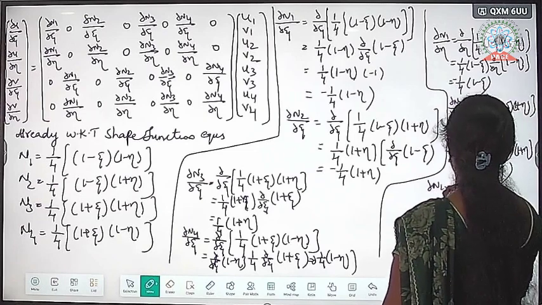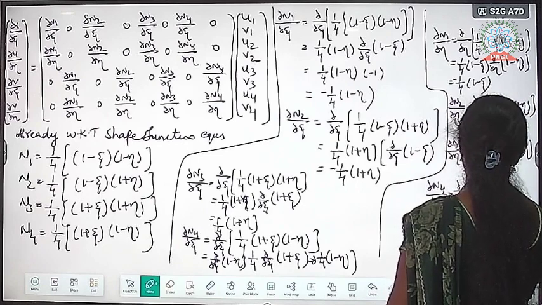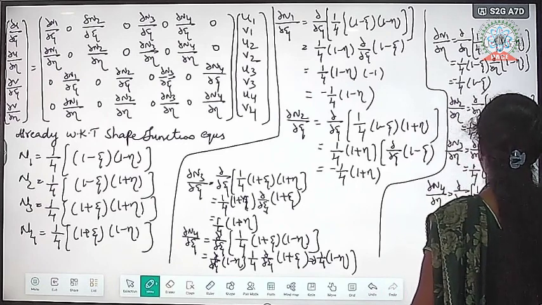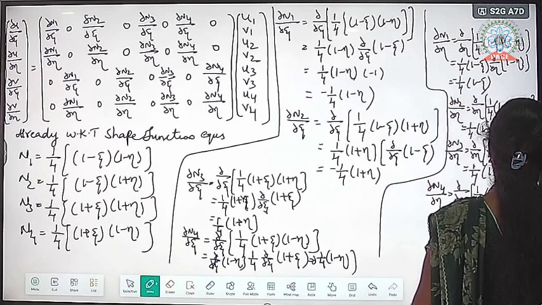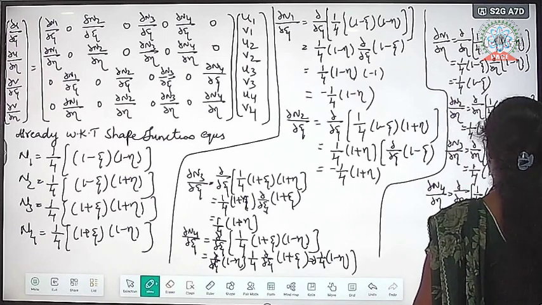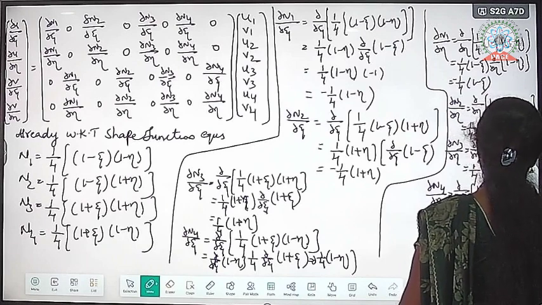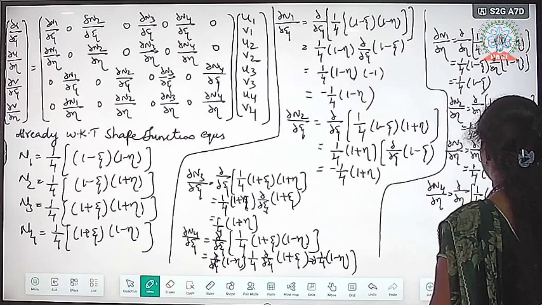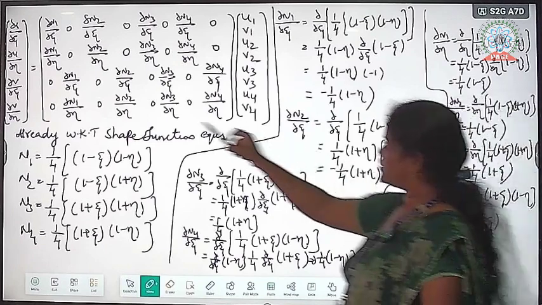Similarly, dou N4 by dou eta is equal to dou by dou eta of 1 by 4 into N4, (1 plus xi) into (1 minus eta). So that is equal to 1 by 4 into (1 plus xi). Here minus eta is there, so we get minus. So these are the terms we get for this matrix equation.